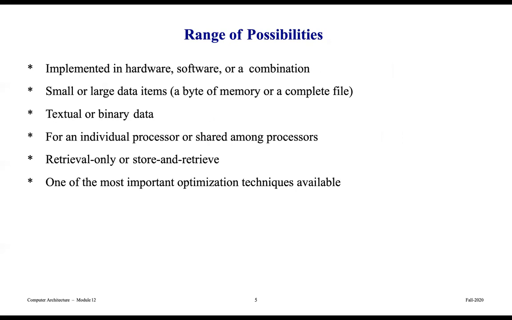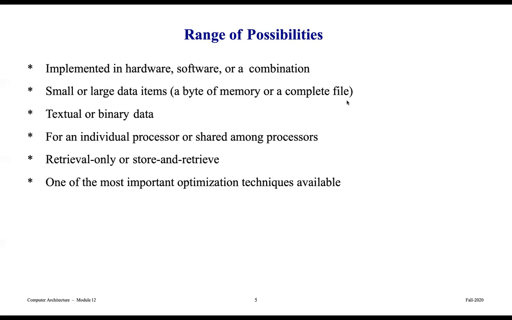So there are a range of possibilities that can exist for this. It can be implemented in hardware, can be implemented in software, or it can be a combination. Small or large items can be considered. It can be a byte of memory or a complete file.